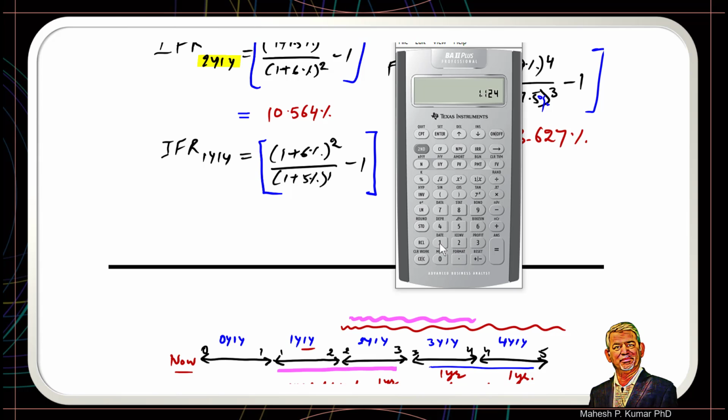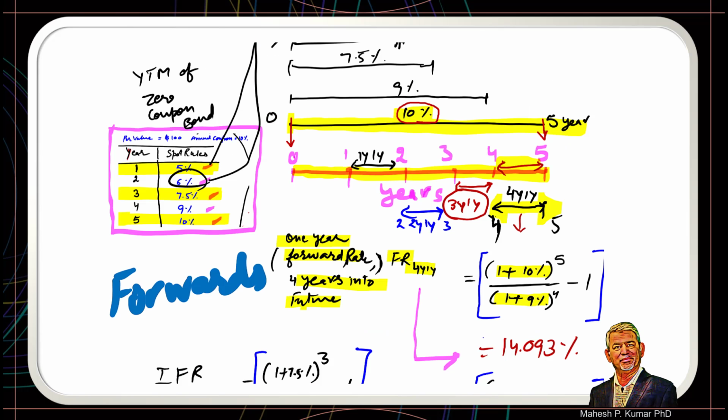So we will recall the first memory slot, divide it by the second memory slot, minus 1, and then to make it a percentage, let us times it by 100. So this is 7.01%. And now we are left with only one number here, which we can call 0y1y.